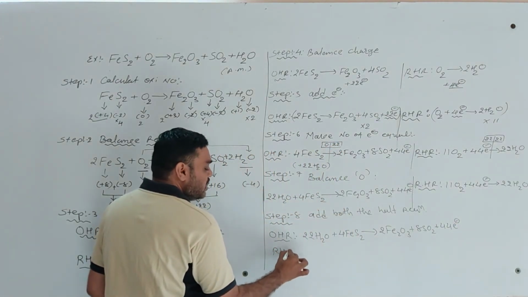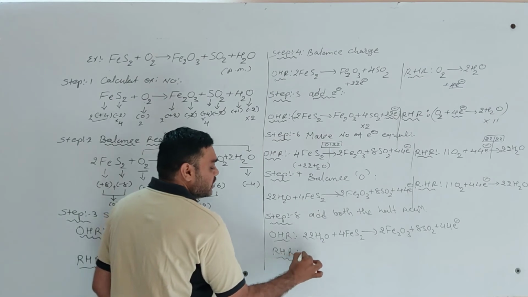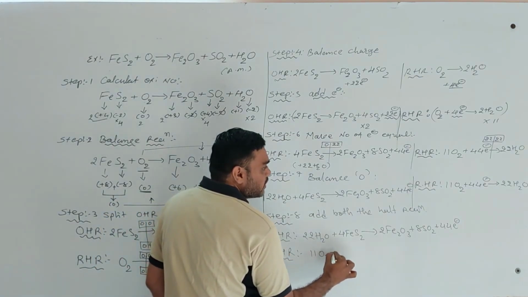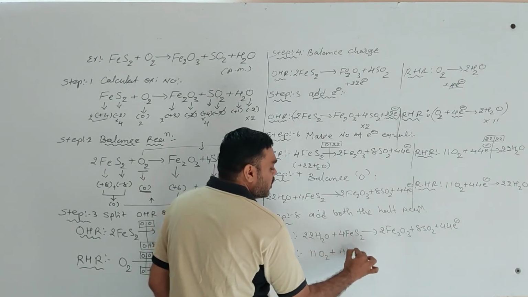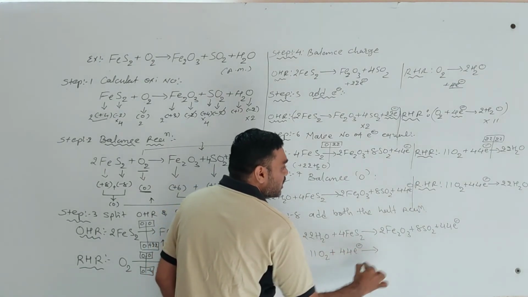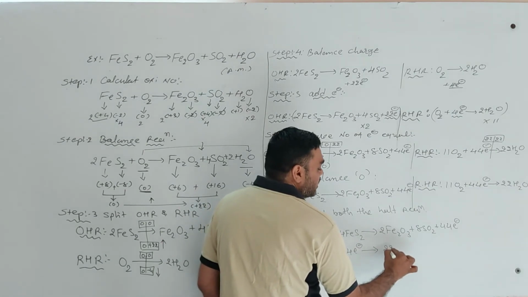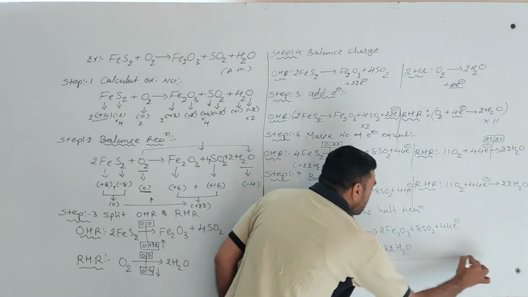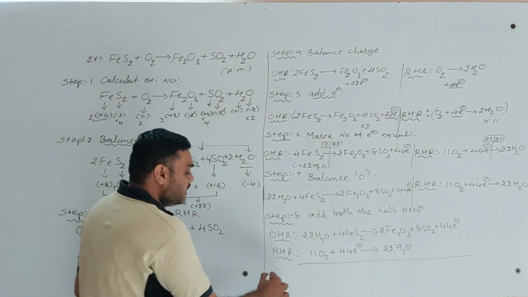Now the reduction half reaction: 11 O2 plus 44 electrons gives 22 H2O. Now take the addition, and we will get the net redox reaction.